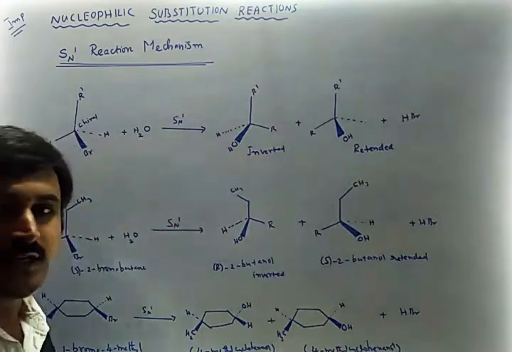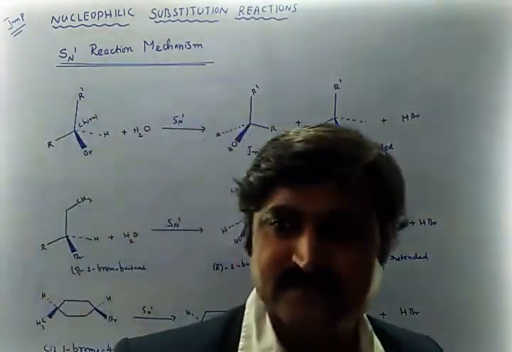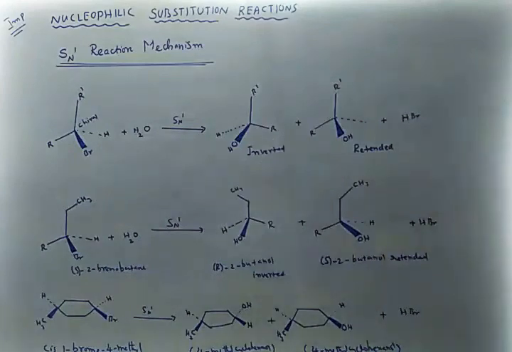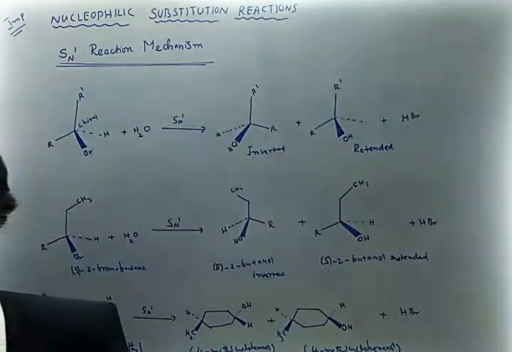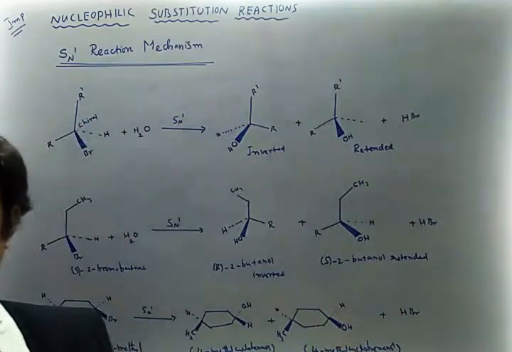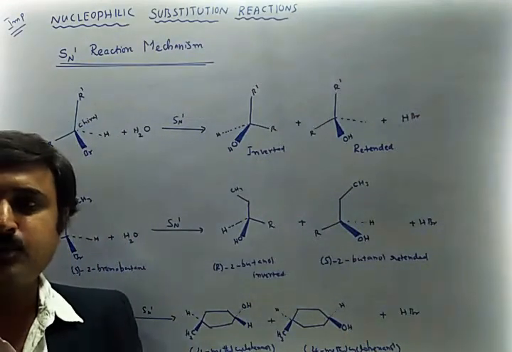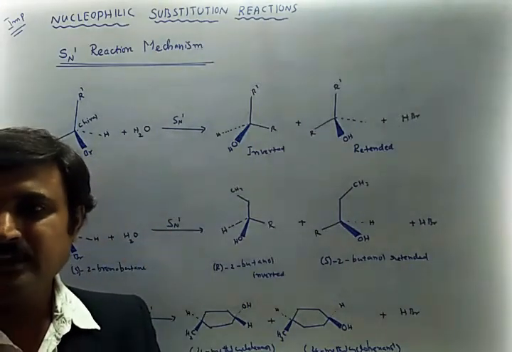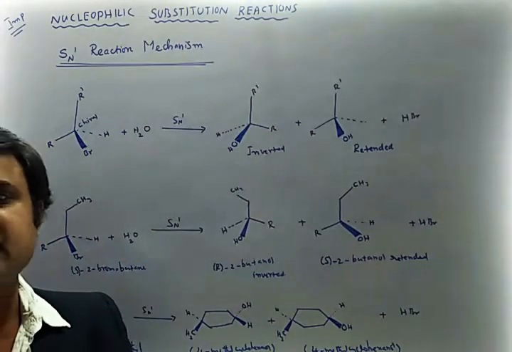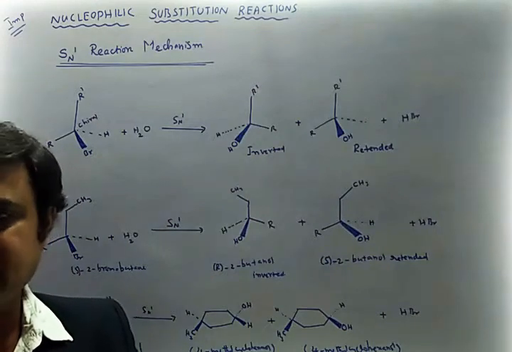The configuration is retained. So you can understand like this. Although one might expect equal amounts of two isomers to form in an Sn1 reaction, a greater amount of inverted product is obtained in most of the cases. Why? Because that is stable. Typically 50 to 70% of the product of an Sn1 reaction is inverted product.